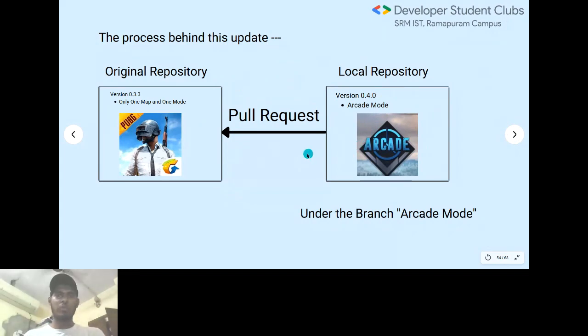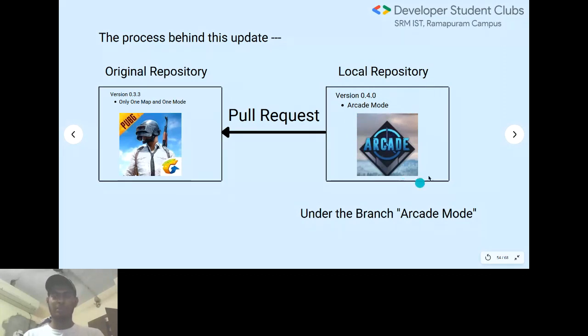The last thing left is to update this older version to the newer version. So how it happens is, first the developer creates a pull request to the original repository. In the pull request, the other developers who are working under the PUBG company will talk about this new feature.